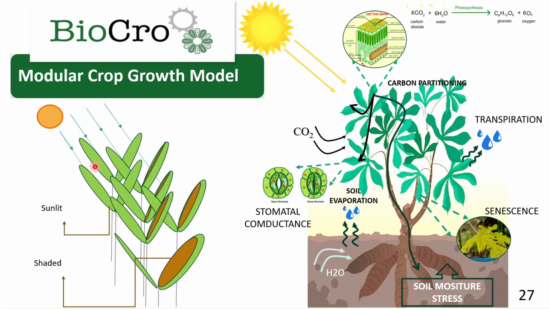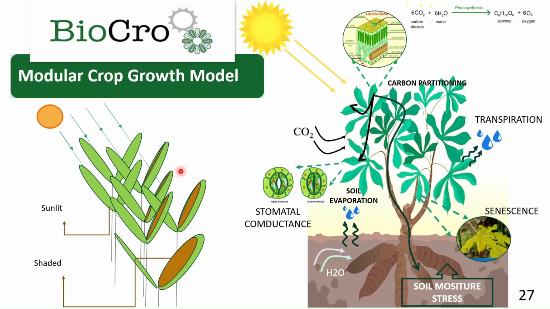Now, when you come to a plant, it is not just happening in one leaf or a bunch of leaves. It is happening over an entire plant, which I will be talking about as canopies. For an entire plant, all of these processes are occurring simultaneously, increasing the complexity of simulating them.